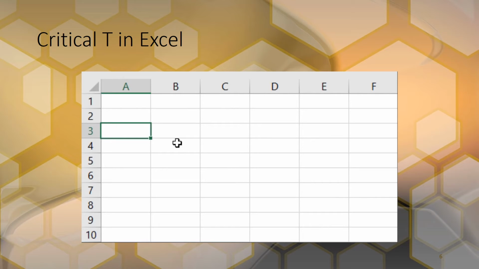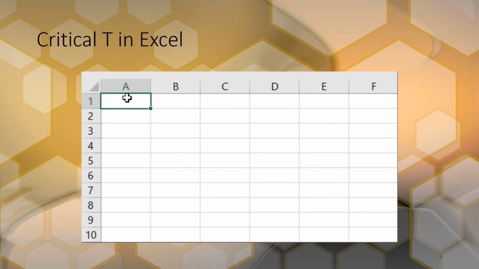For the z distribution, if we convert everything to a z, then most of the values are going to be between -3 and 3. I mean, there are some that are greater than that, but not too many. It's not going to happen a lot. But for a t distribution, we have so many degrees of freedom that you can't put everything on the table. So sometimes you might need to use Excel to get it.